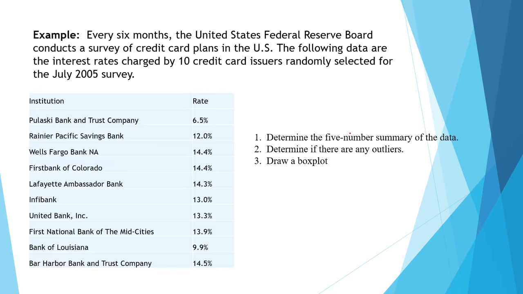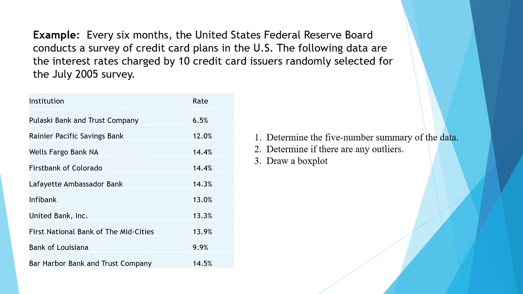Example, every 6 months, the United States Federal Reserve Board conducts a survey of credit card plans in the United States. The following data are the interest rates charged by 10 credit card issuers randomly selected for the July 2005 survey. In this example, I want to determine the 5-number summary of the data, determine if there are any outliers, and we will draw a box plot.